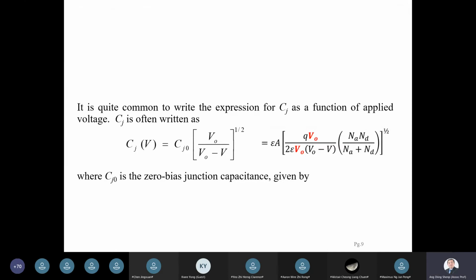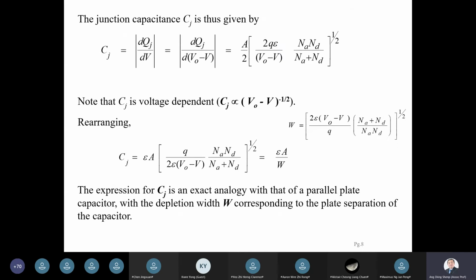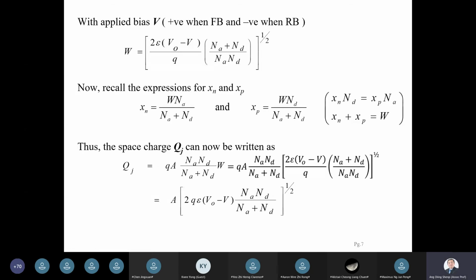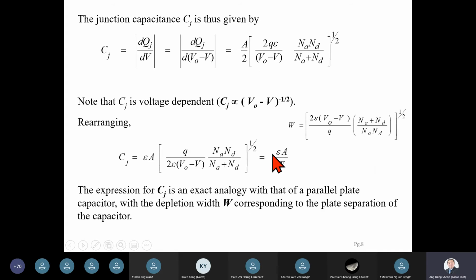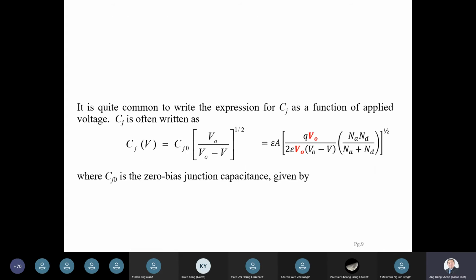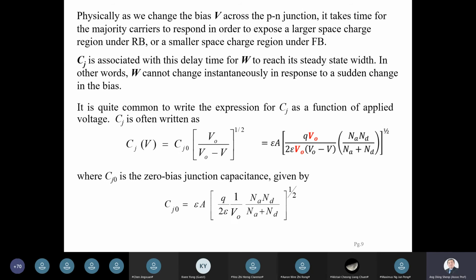Because of the expression that we use for W. Remember, this expression for W only applies to an abrupt p-n junction, and this is used in obtaining the expression for the space charge stored Qj. So strictly speaking, the expression that you obtain here for Cj only applies for an abrupt p-n junction.